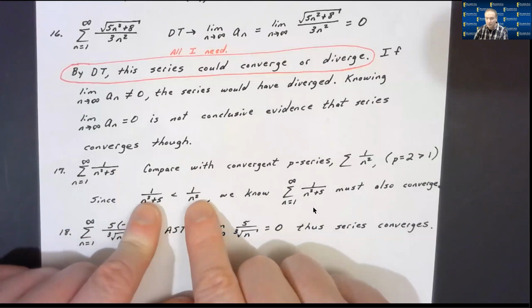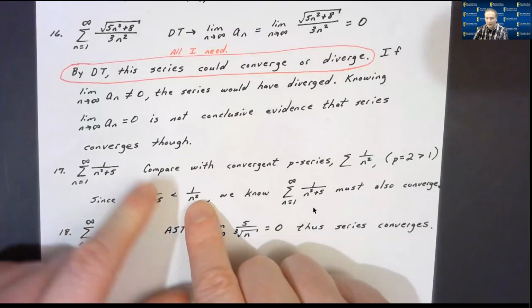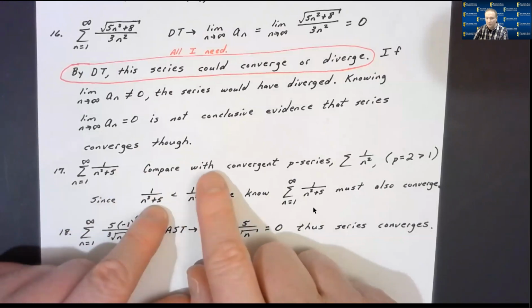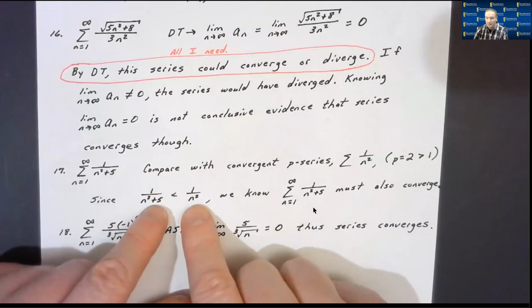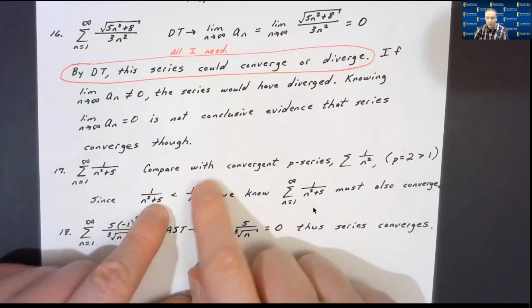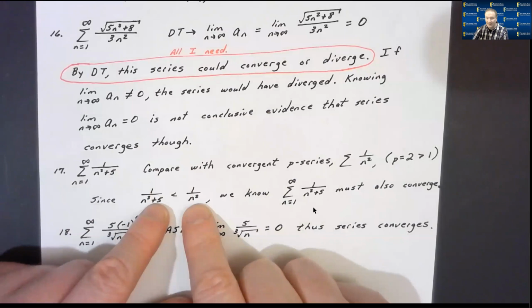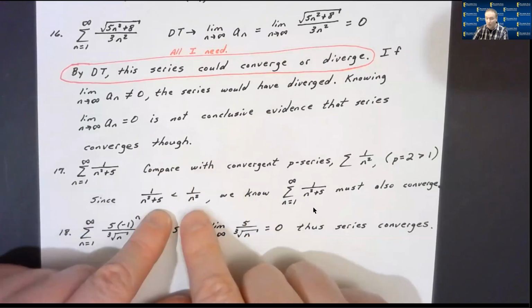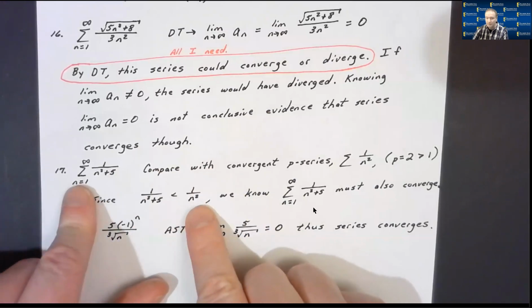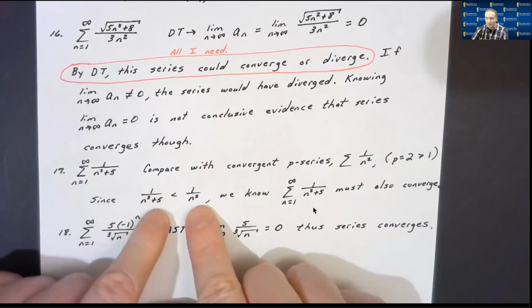If you started putting real numbers in there, when n is 1, you could say, well, this is like 1 over 6 versus 1 over 1. When n is 2, this would be 1 over 9 versus 1 over 4. It's always going to be smaller than that fraction for any value of n between 1 and infinity.